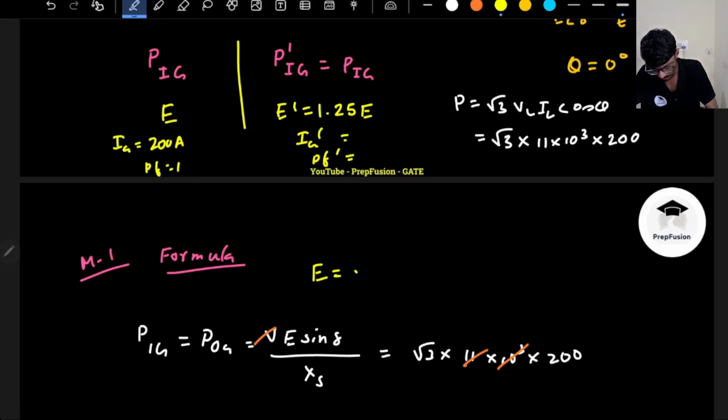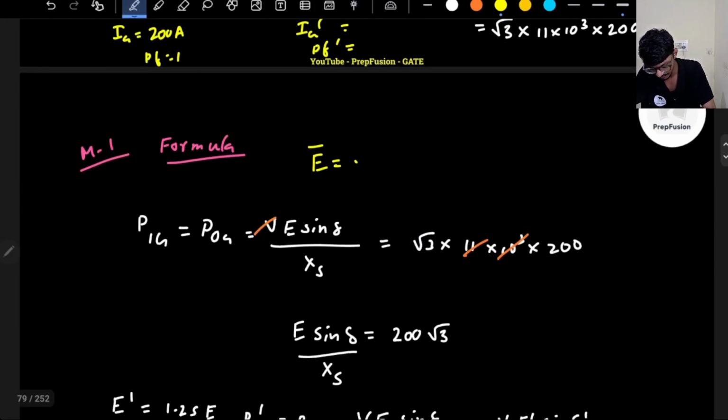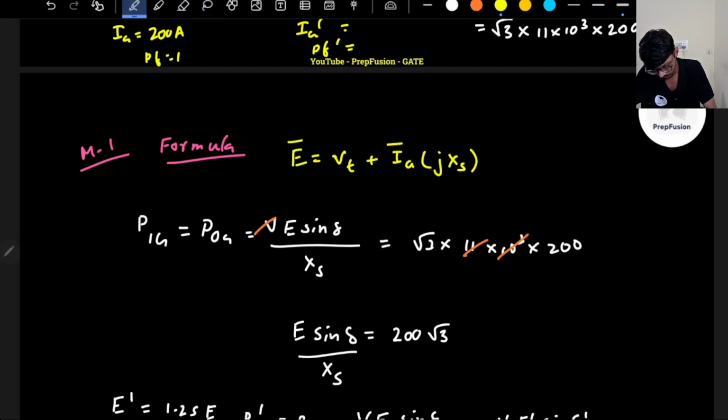E will be equal to, if I apply KVL here, E phasor will be Vt plus Ia into Jxs. The Vt value I already know, that is per phase.